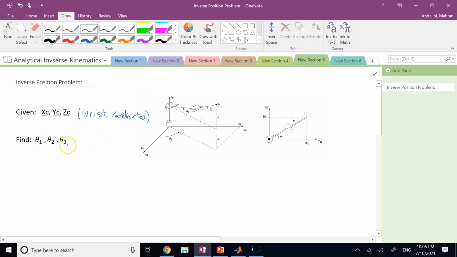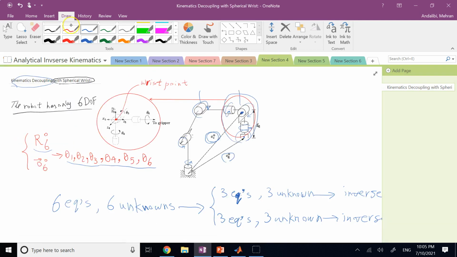And then I can find the first 3 angles. But the first question is, where do I get these wrist coordinates? So for that, I need to go back to this previous picture one more time, and I'll show you how you can find the wrist coordinates using the information given to me.